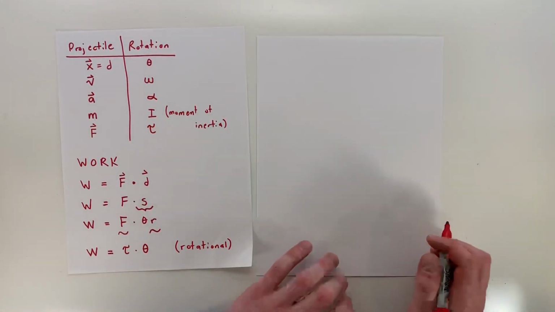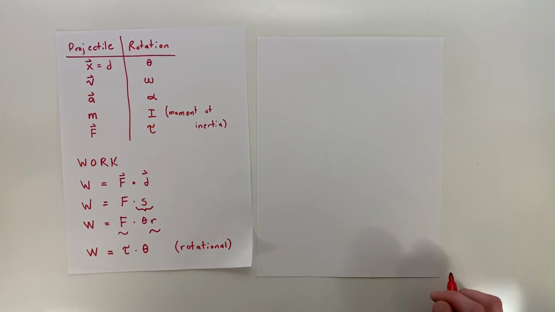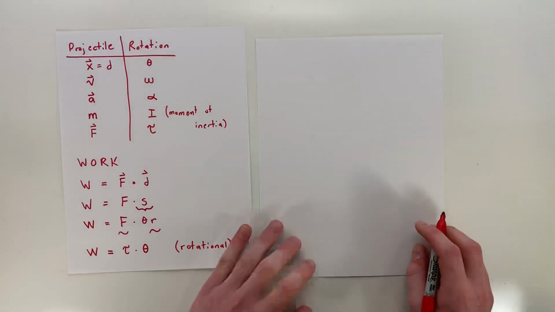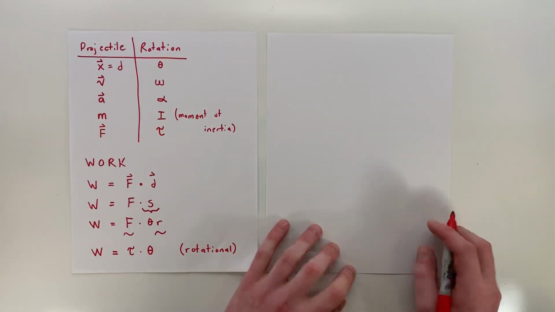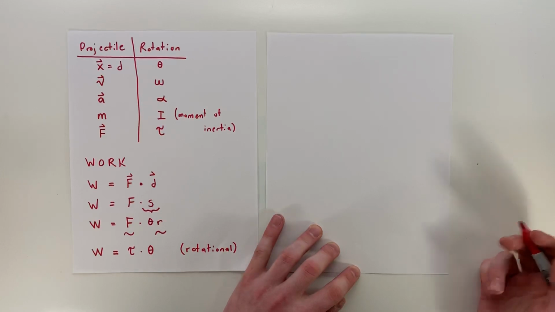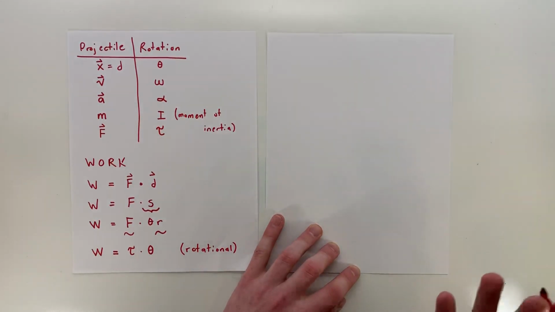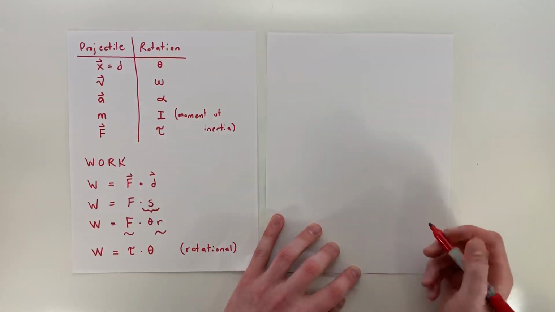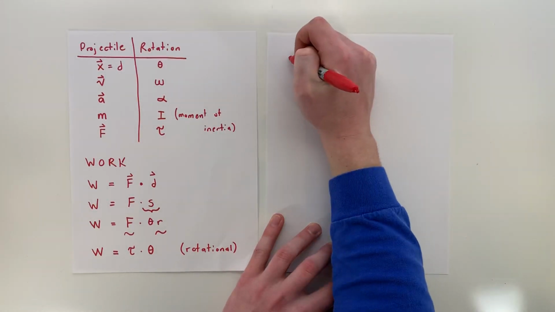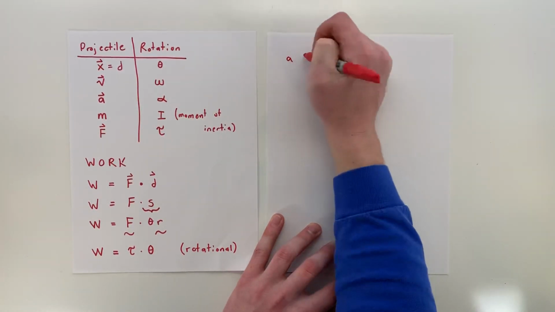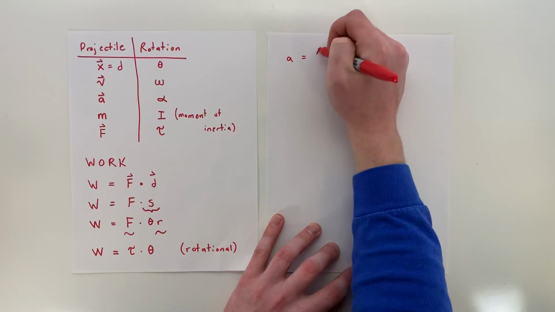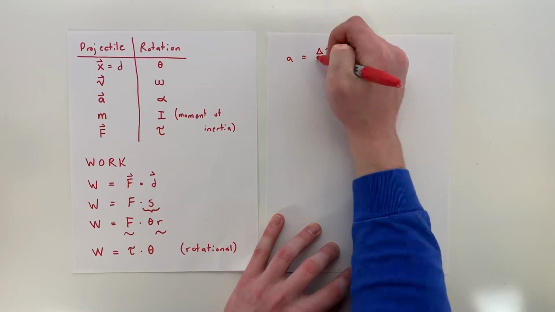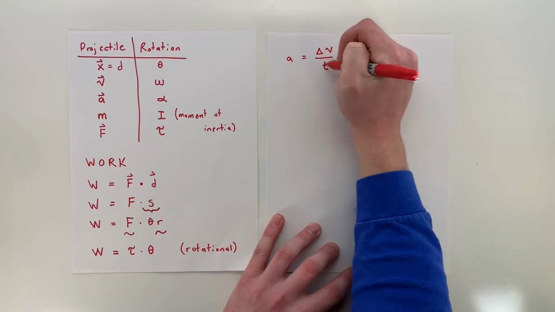Let's just look at some formulas that might look very similar between projectile motion and rotation. So first, let's look at one you might have already gone over. Let's just look at the definition of acceleration. The definition of acceleration is equal to a change in velocity over time.